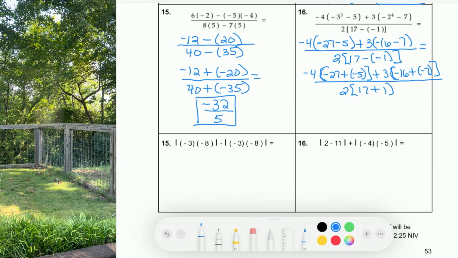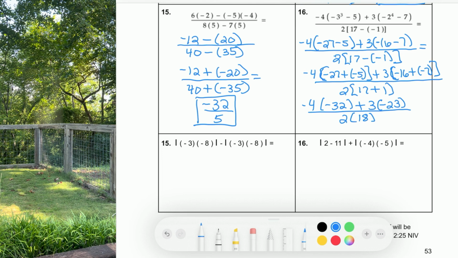All right, now I can go through and simplify those. Negative 27 plus negative 5 is going to give me a negative 32. Negative 16 plus negative 7 is going to give me a negative 23. In my denominator, I end up with 2 times 18, because 17 plus 1 is 18.